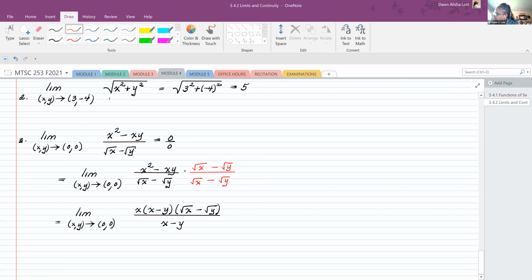So now I can divide this out. And this now becomes the limit as I approach 0, 0 of x times the square root of x minus the square root of y. And that is 0 times 0, which equals 0.